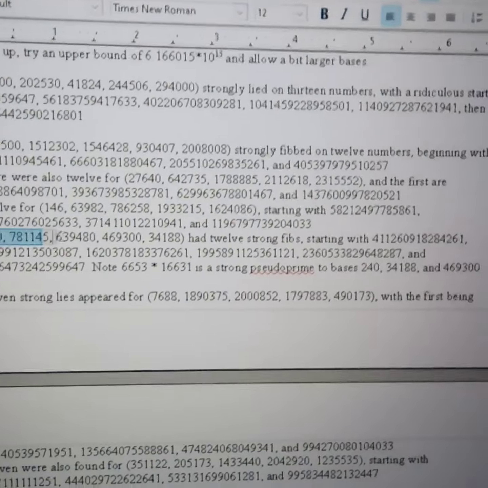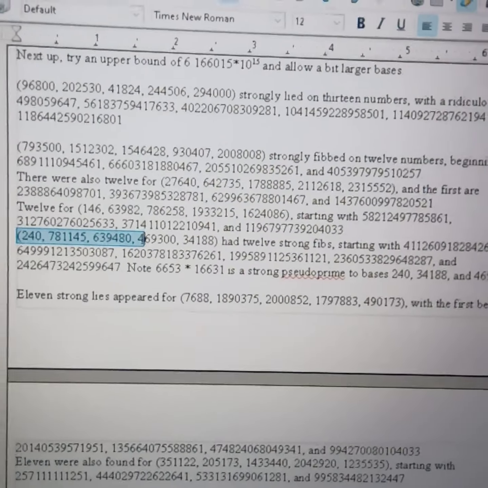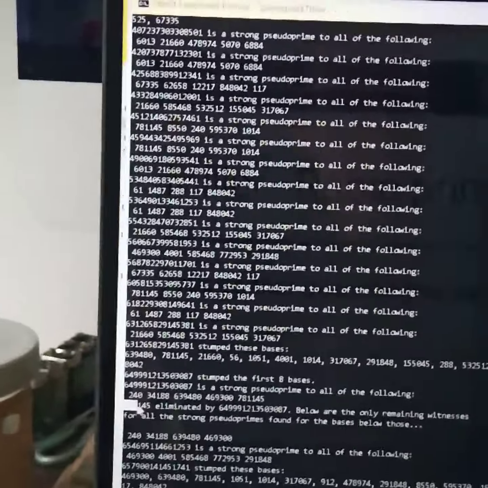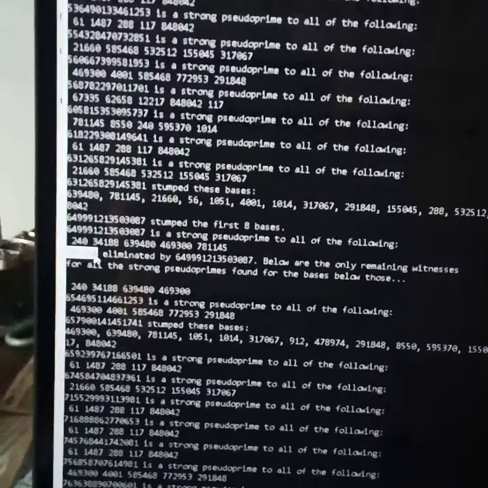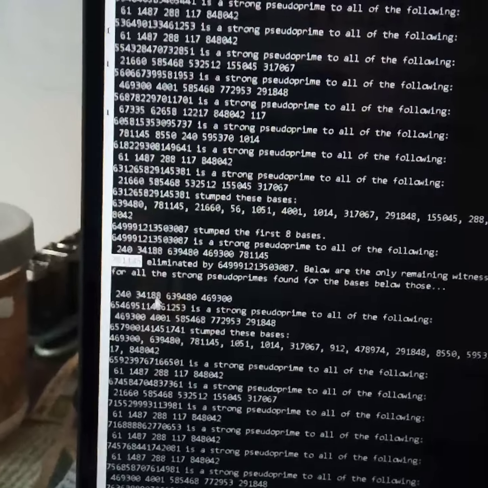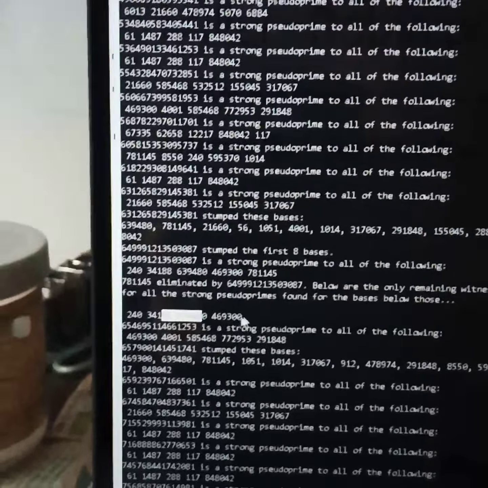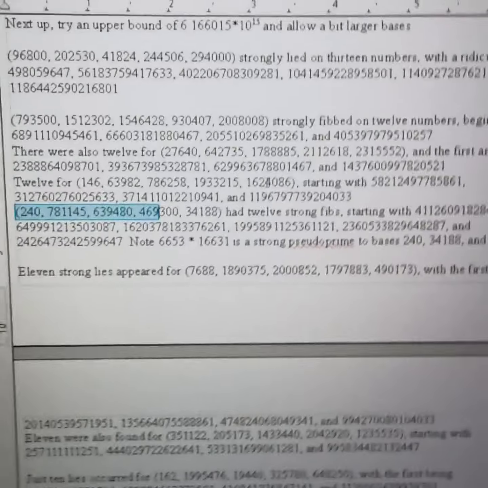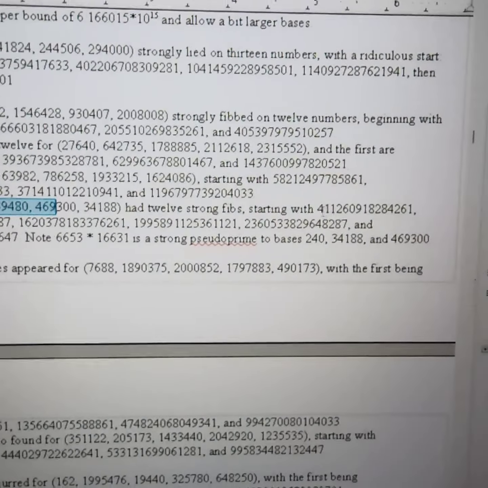These 5. So this combination right here, the 240, 781145, so on. If I cross-check, yes, here's the 781145. It was the last witness eliminated of those. And then you got 34188 and so on. Those 5 bases also lie on that number.